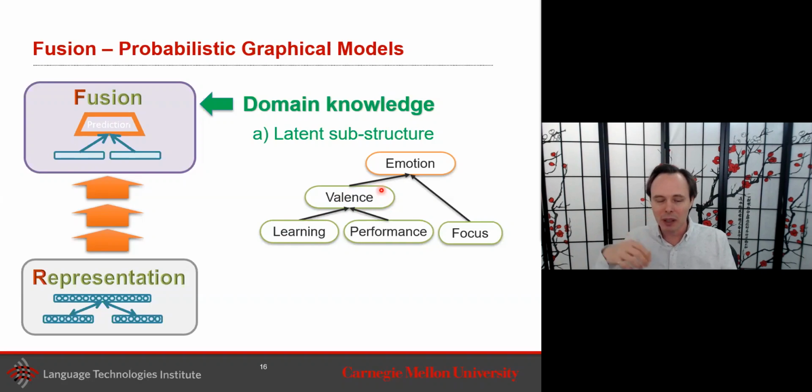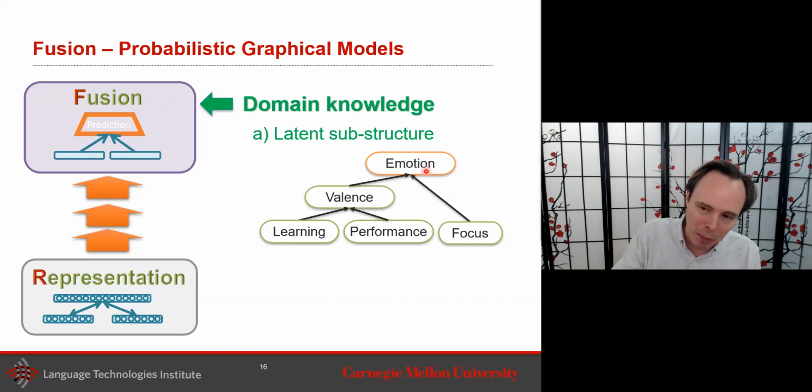And how much you focus, as a person, all comes together to finally infer the emotion. Your graphical model allows you to put in that domain knowledge.